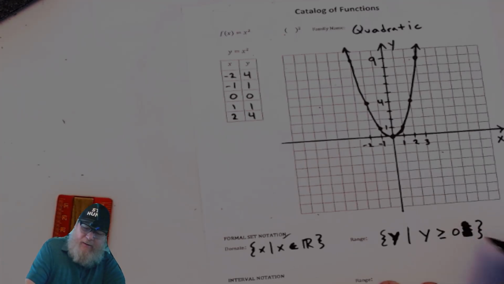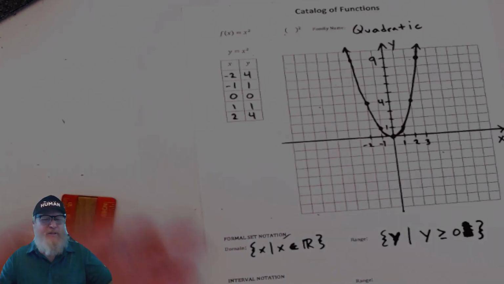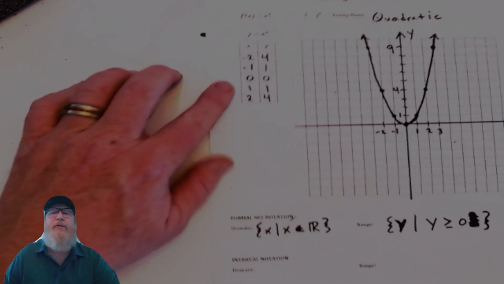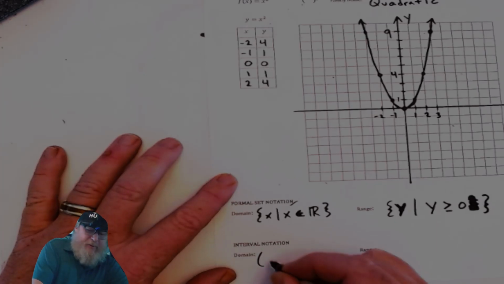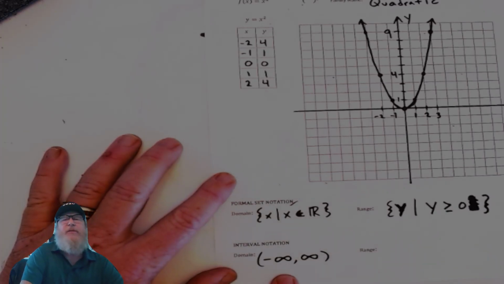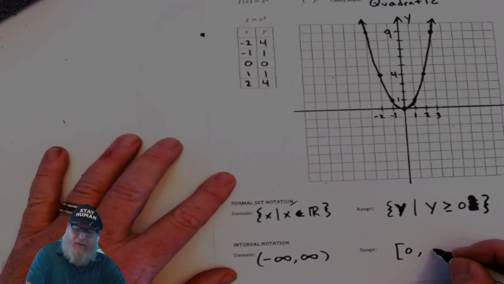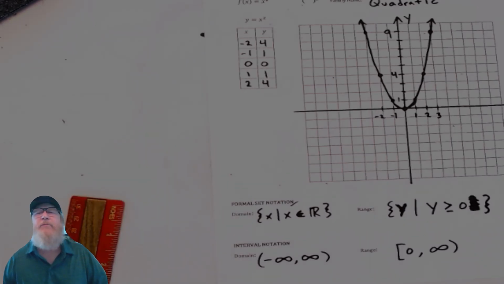Let me try that again. So again, notice here on the graph, all of the y values are greater than or equal to 0. A more streamlined notation is the interval notation, -infinity, comma, infinity. And then for range, bracket 0, comma, infinity, which means greater than or equal to 0.